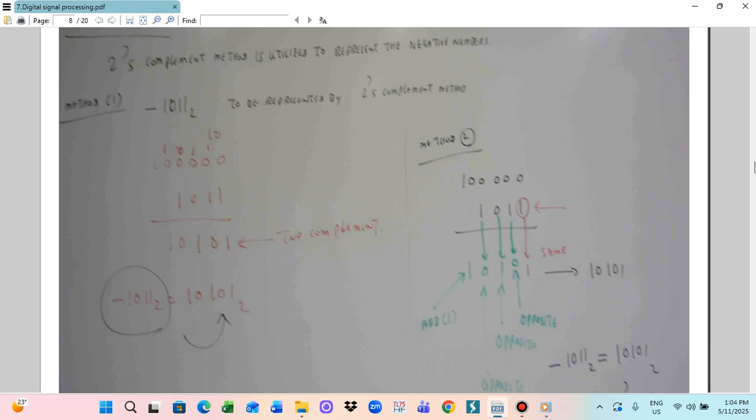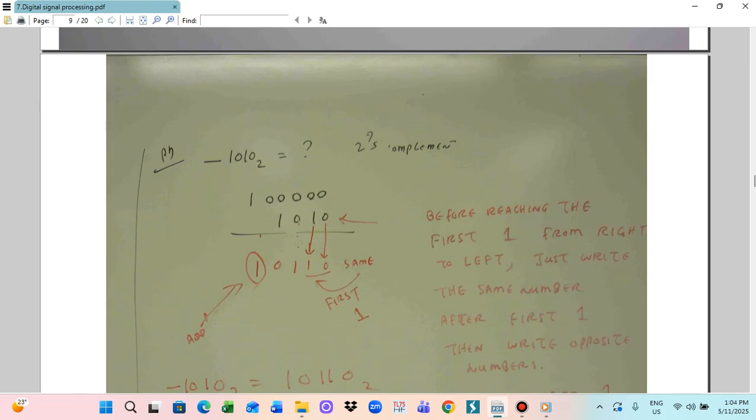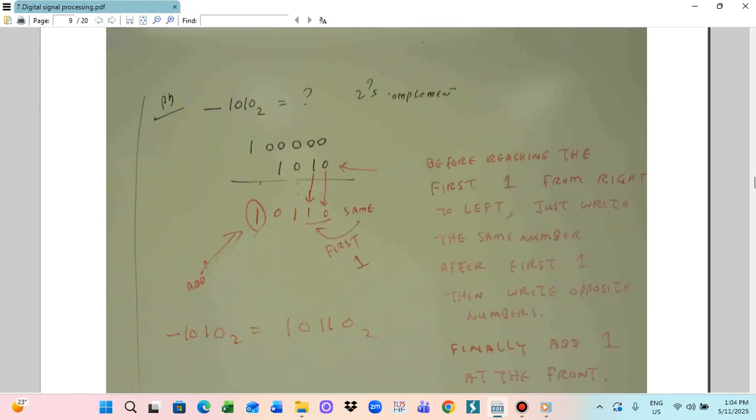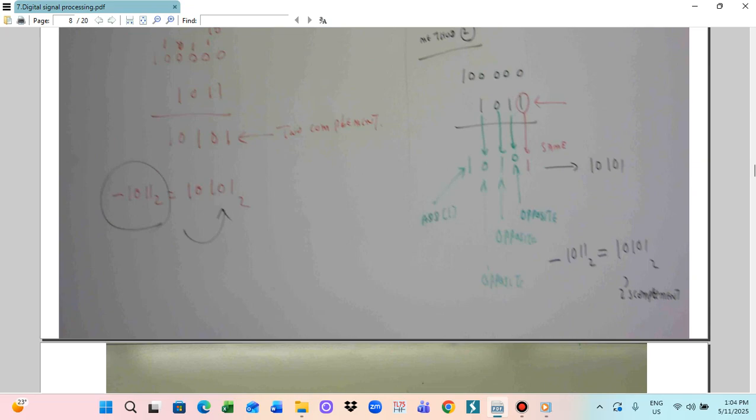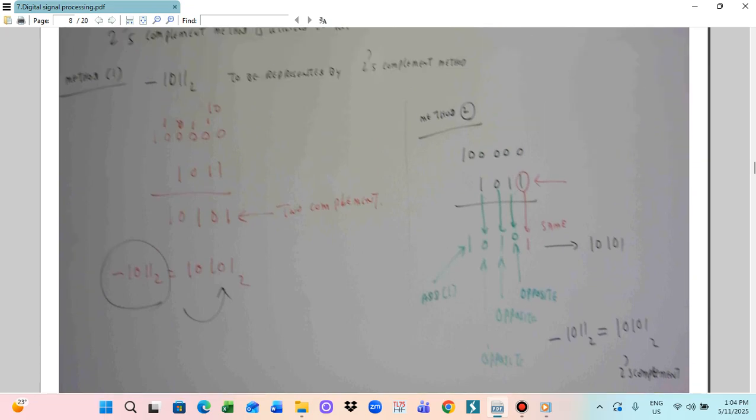So this is for the two's complement methods. We don't separately represent a negative number or a positive form. In this case it really is a negative number, but we represent it in a positive form.